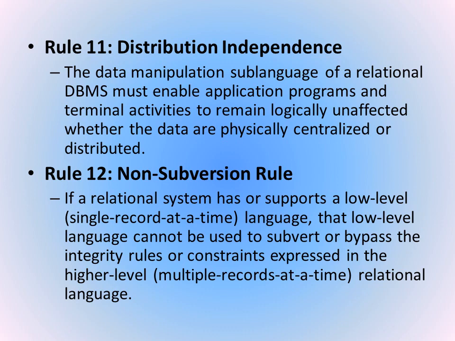This rule means that the DML operations of a relational system should not care whether the physical data is centralized or decentralized. The database should continue to work properly even if it is on a single system, on a local computer, or if the database is distributed across a network of systems remotely.